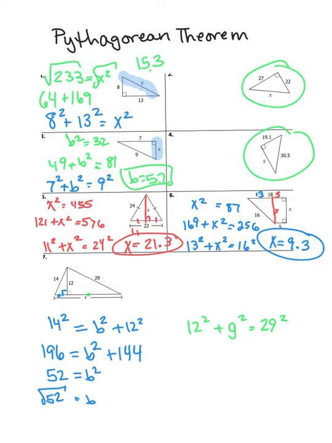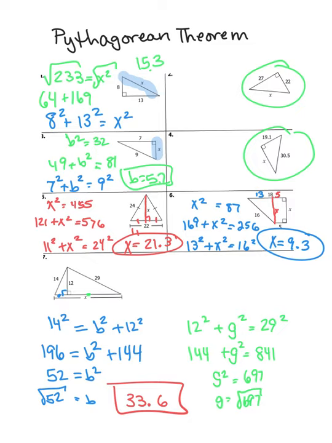For the green one, 12 squared is 144 plus G squared is equal to 29 squared, which is 841. I subtract 144 from 841, and I get G squared is equal to 697. So G is equal to the square root of 697. I'm going to take the square root of 697 and add it to the square root of 52. When I add them together, I get 33.6.